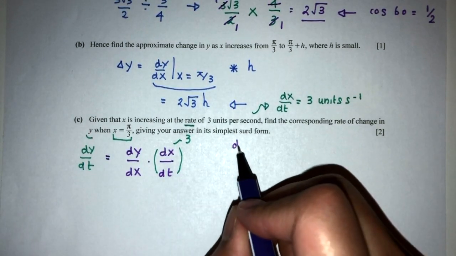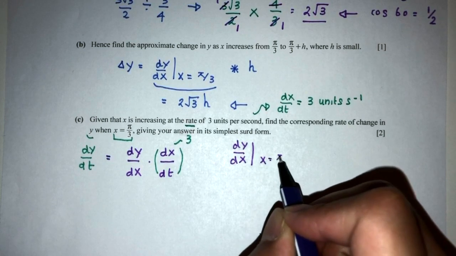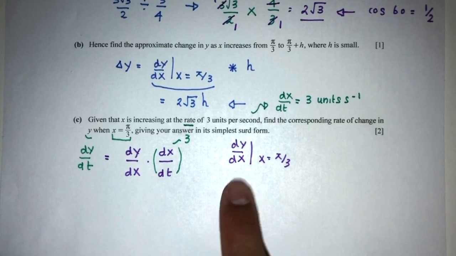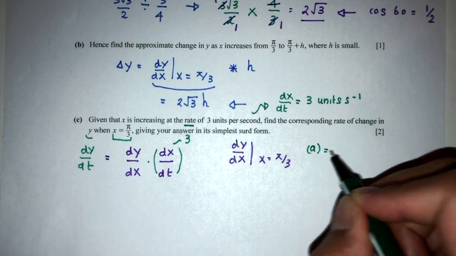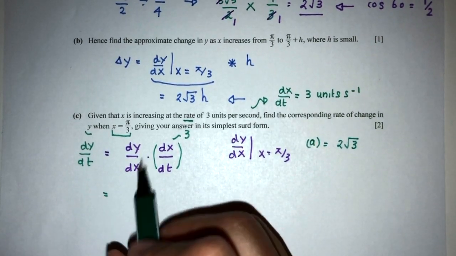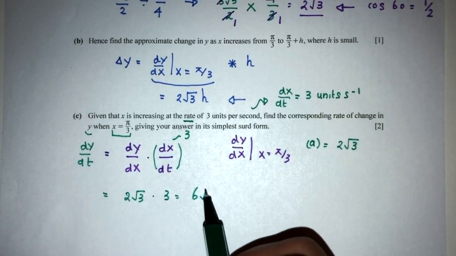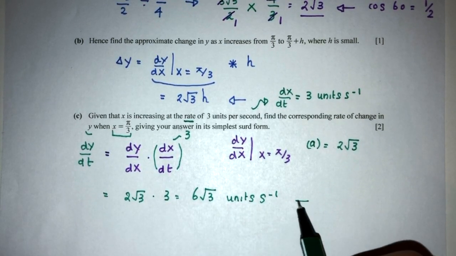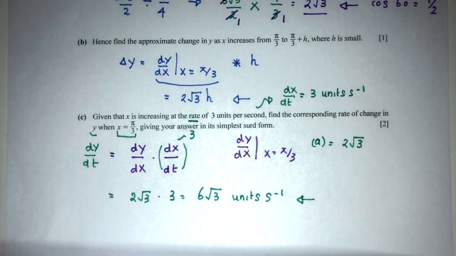So we need to find dy by dx at the value of x equal to pi by 3, as you can see here, when x equal to pi by 3. Now this we know already. If you check, this is from part A. This should be 2 root 3. Okay, so just replace back in your main equation. That should be 2 root 3 multiplied by 3. That should be 6 root 3 units per second for your answer for dy by dt. And that is your question number 4.